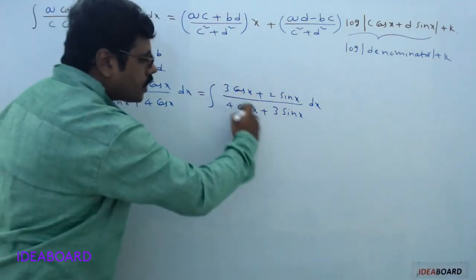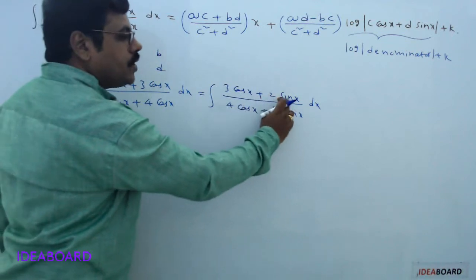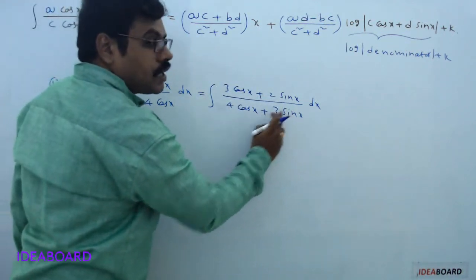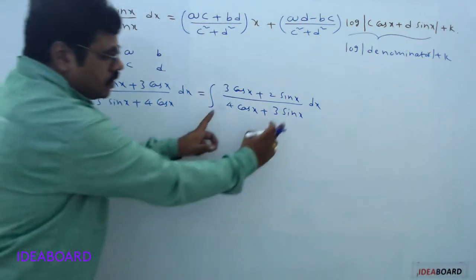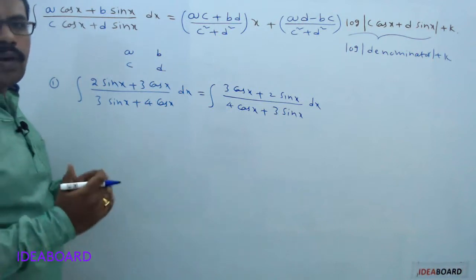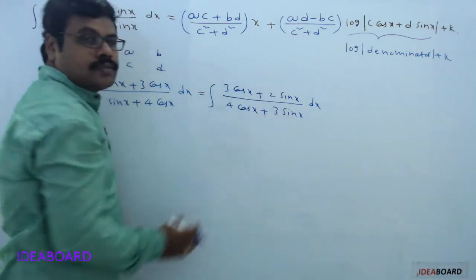Now this integrand is of the form (a cos x + b sin x) divided by (c cos x + d sin x), so it is in our standard form. Now only you can apply this shortcut formula.